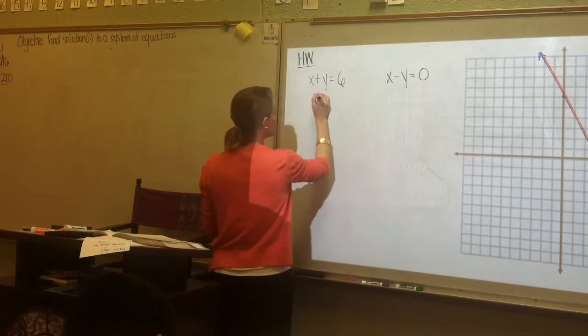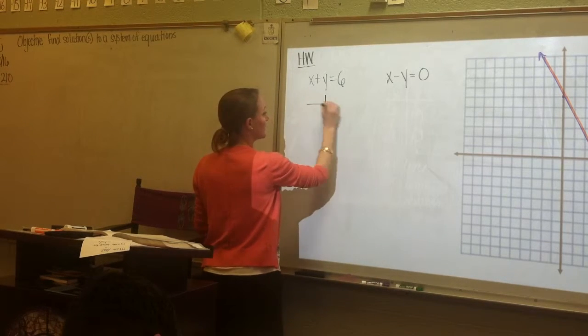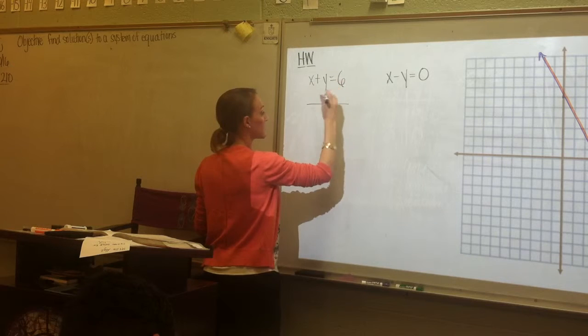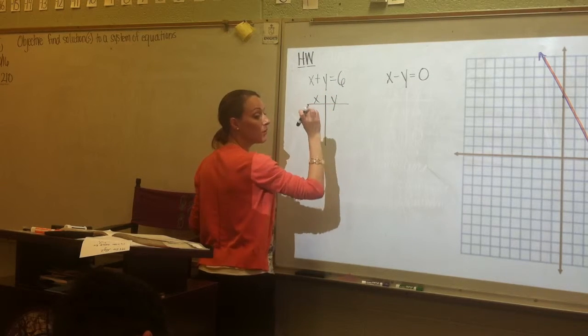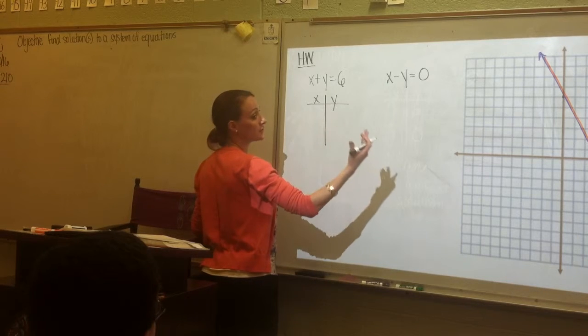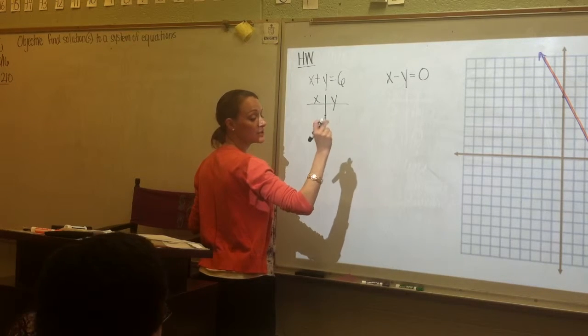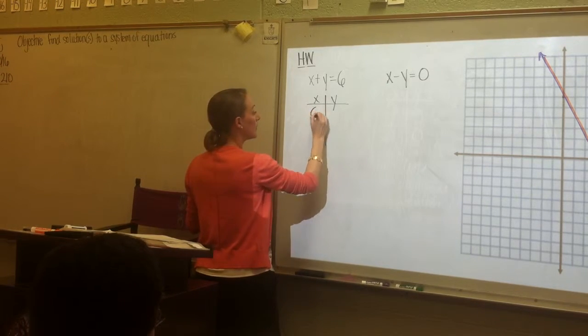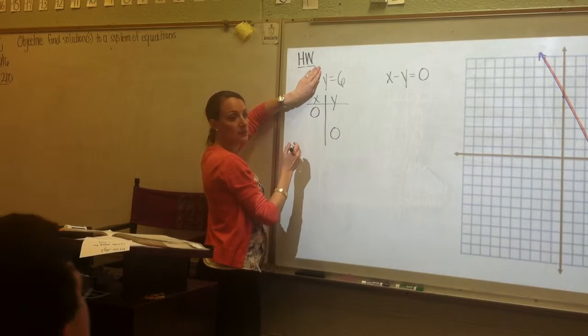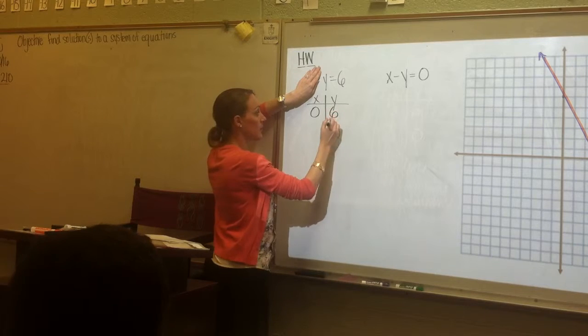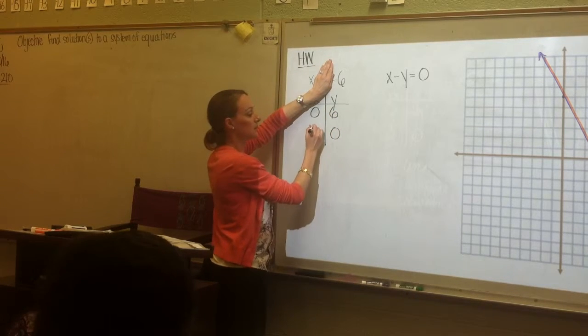You have two intercepts, your x and your y. Watch me right now. I'm going to do this. Watch, and then I'm going to give you another one to do because we forgot how to do this. Stop talking. When x is 0, what does y equal? 6. When y is 0, what does x equal? 6.